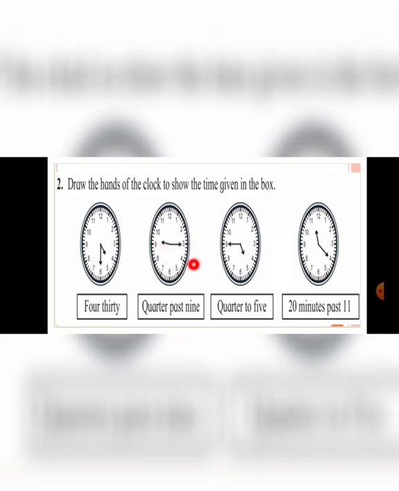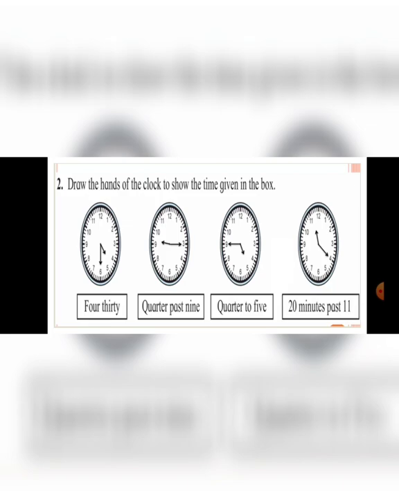Okay. Then 4:45. Now your minute hand should be on 9 and the hour hand should be on 5. Then 20 minutes past 11. So the hour hand should be on 11 and the minute hand should be on 4.